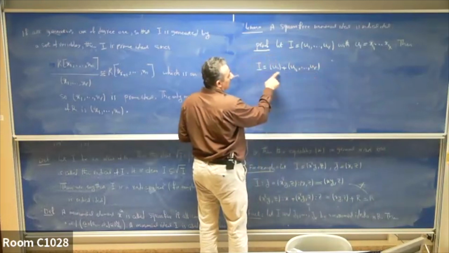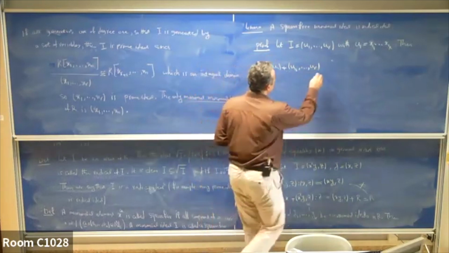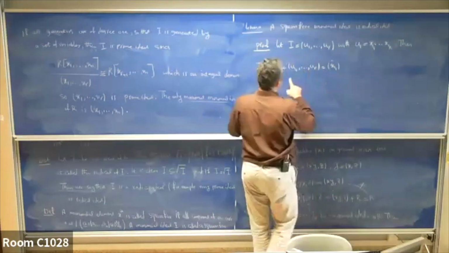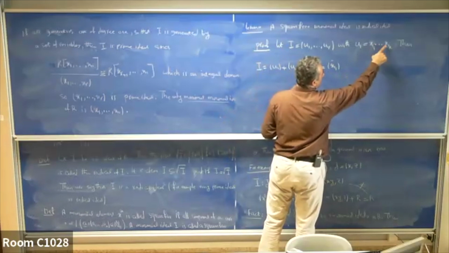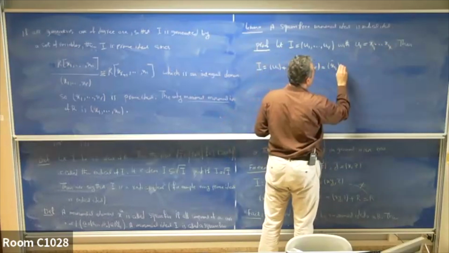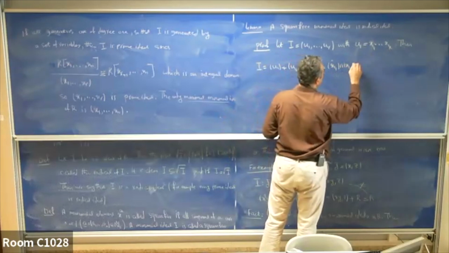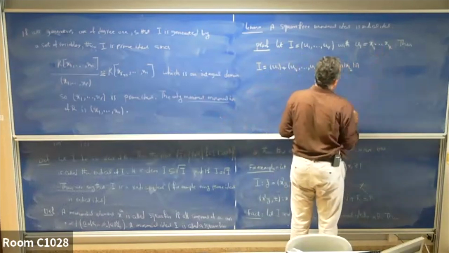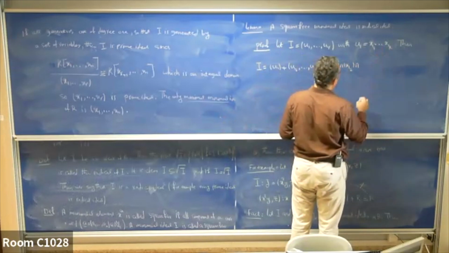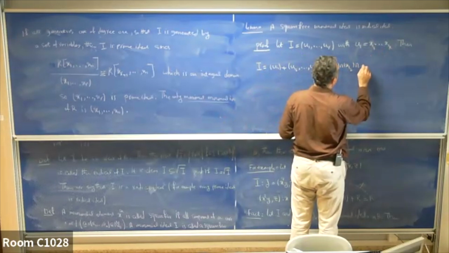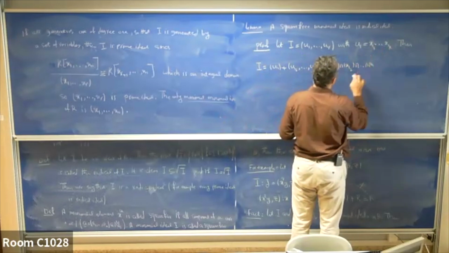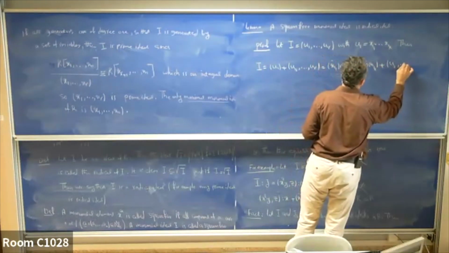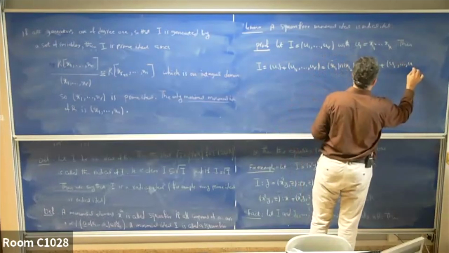We can write I as this sum. And because the product is equal to the intersection, since the GCD is 1, we get (x_{11}, ..., x_{1k}) plus (u2, ..., ur).